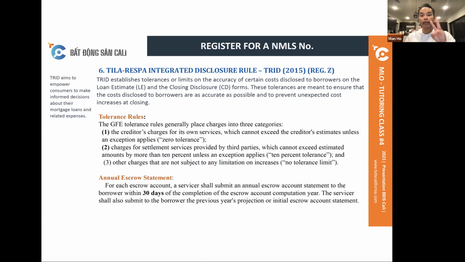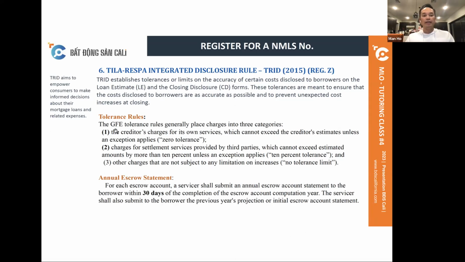Here are 3 tolerances, 3 levels of changes that you can apply to the amount of each item in the estimate. Some of the items are the points, the fees, the escrow cost, the escrow support fee, the lender processing fee, and all that kind of stuff. One day I will share with you how the closing disclosure looks.